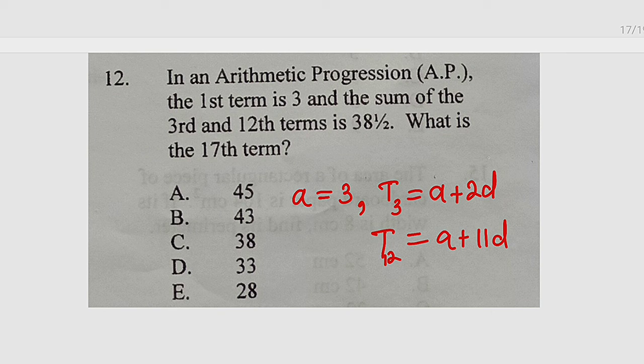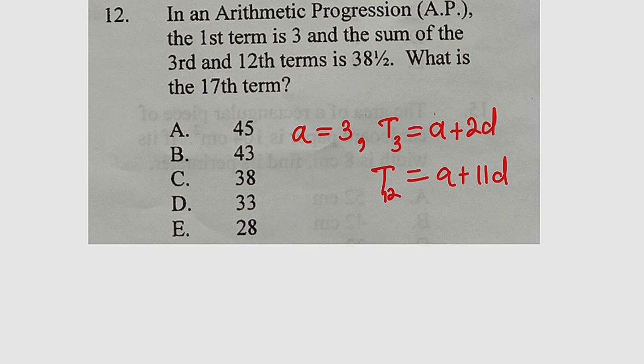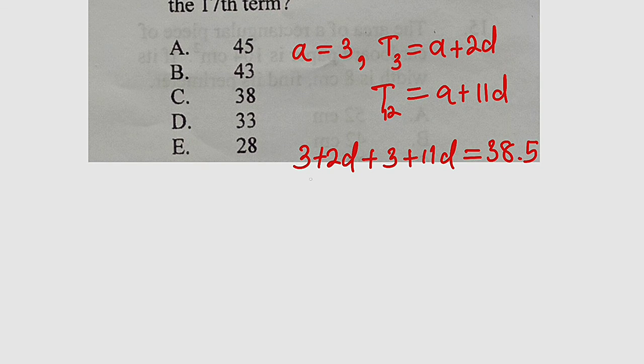They say if we should add these two terms together, we're going to obtain 38.5. So let's add them together. The third term is A plus 2D, but A is 3, so we have 3 plus 2D. Then plus the 12th term, A plus 11D. A is 3 again. Then we have 11D, and this is equal to 38.5. 3 plus 3 is 6. 2 plus 11 is 13.